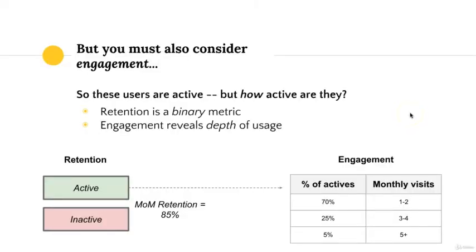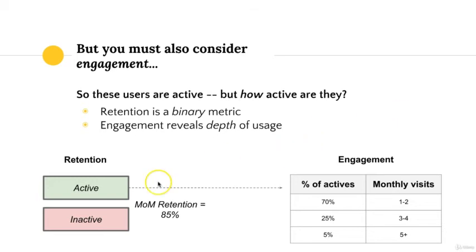When you're thinking about retention, you also need to think about engagement. These users may be active, but the question is, how active are they? Retention is a binary metric, so they're either active or they're inactive. There's no in between, whereas engagement reveals the depth of their usage.